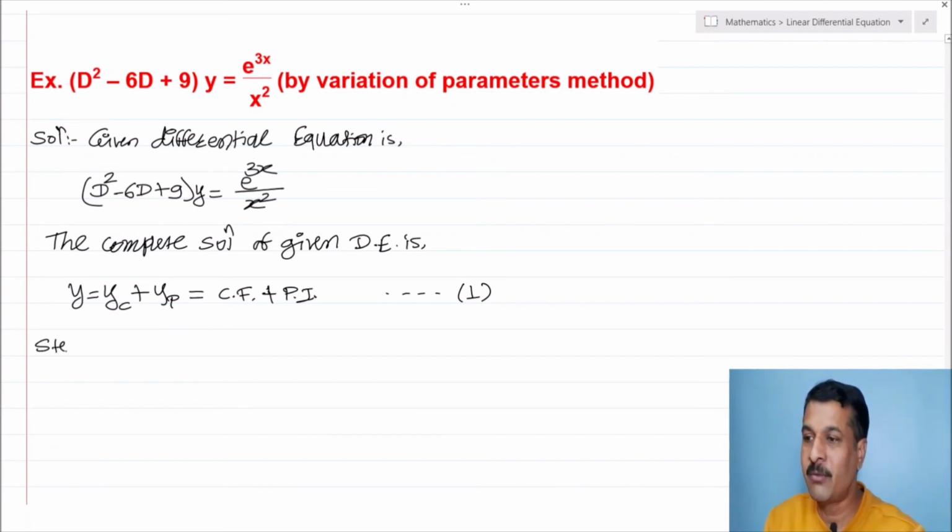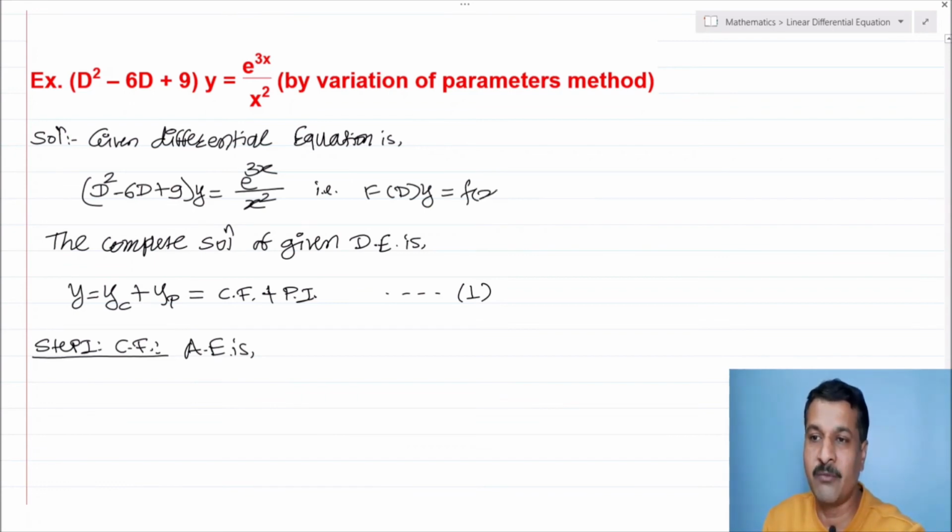So step number 1, the first part, is nothing but the CF. So how to find CF? The auxiliary equation: you note that the given differential equation is f of D operating on y equal to f of x. So here the auxiliary equation is the coefficient of y equated to 0, and solve this.